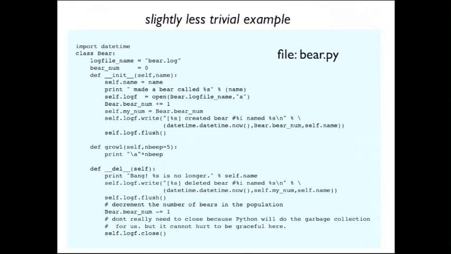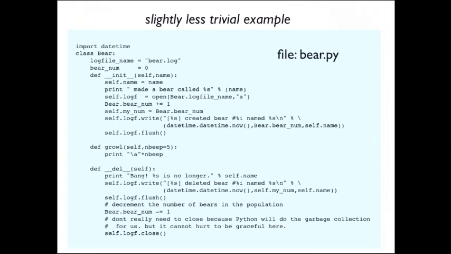Okay, so I have self.name equals name. So there I'm just assigning essentially a local variable. Name becomes an attribute of the instance. I'm going to print out that name. I'm going to open up a log file, and you notice I'm using the a tag. So that's saying append to this log file. I'm going to bump up the total number of bears in my population.